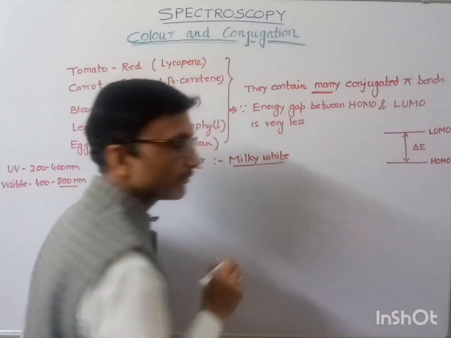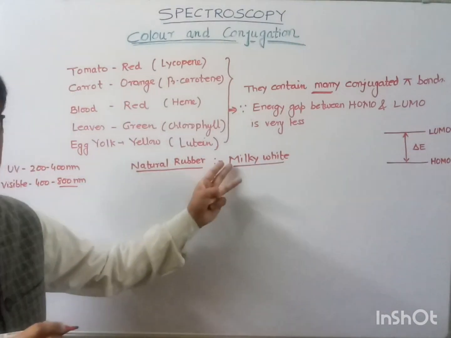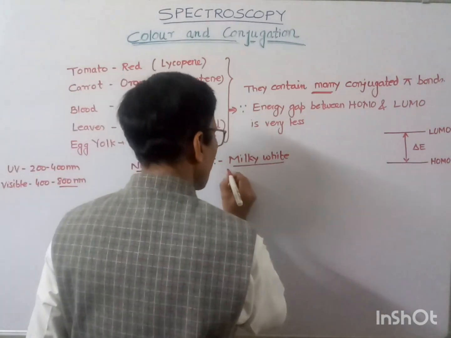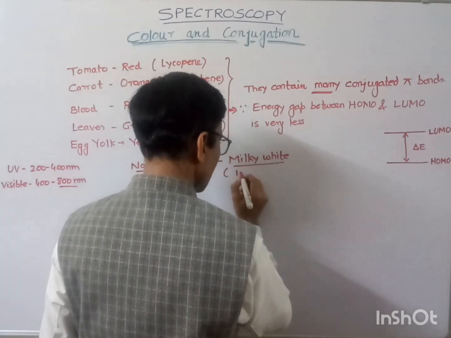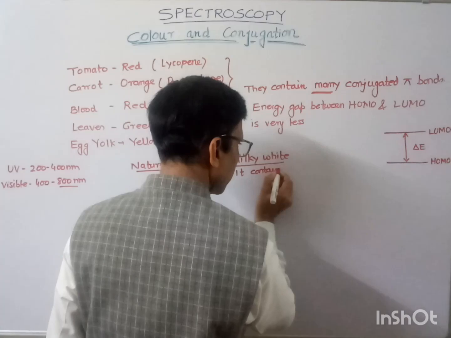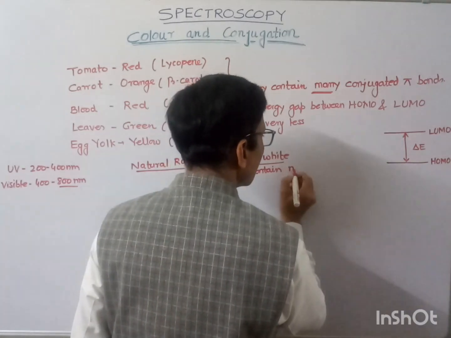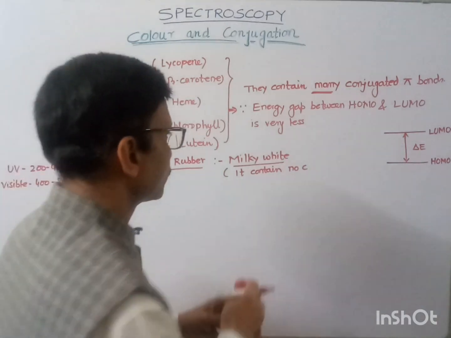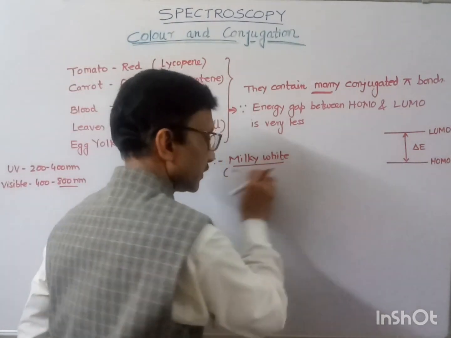It is not colored. Why is it milky white? Because it contains no conjugated pi bonds. Conjugated pi bonds are not present over here.